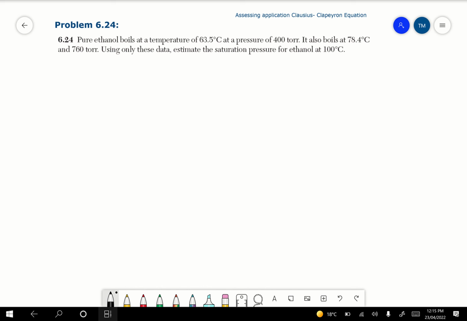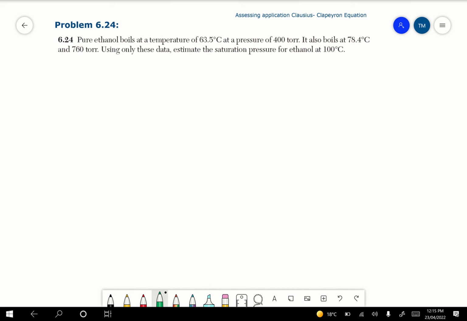So basically now we have two temperatures and two pressures. Using only these data, estimate the saturation pressure for ethanol at 100 degrees Celsius, which is a third temperature, and we need to calculate the third saturation pressure. Heat of vaporization is not given.